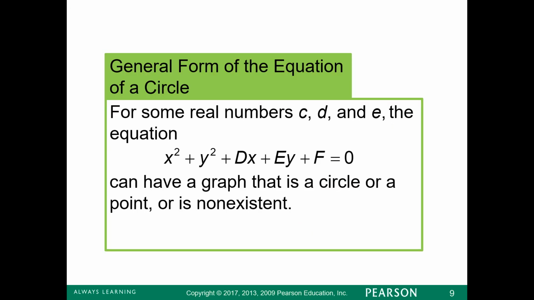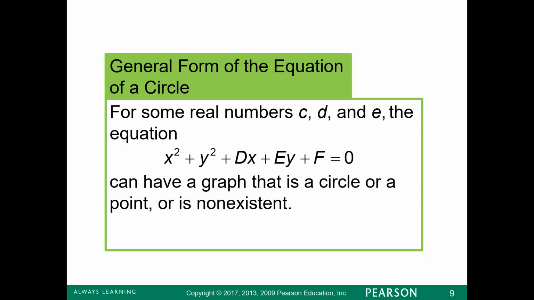Okay, now let's look here. This is the general form of the equation of a circle. By the way, there is no C, so there is a typo.